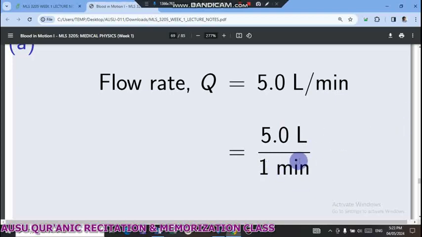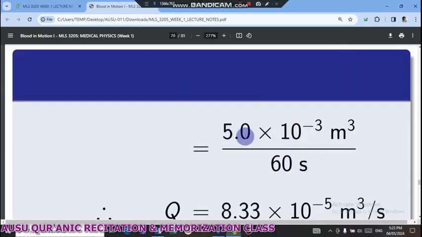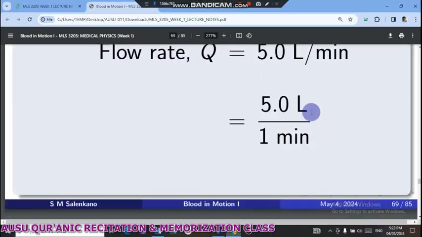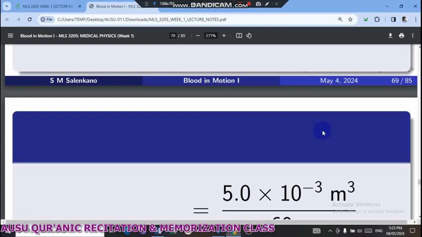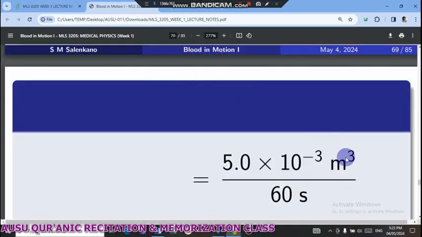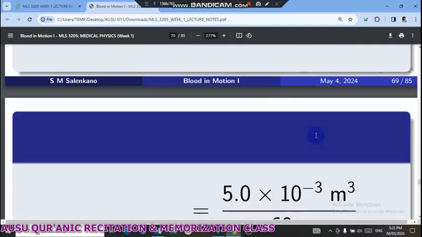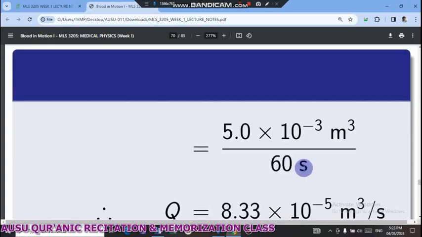And then 1 minute we know is 60 seconds, so we put 60 seconds there. So you see, we change this to 5.0 multiplied by 10 raised to the power of minus 3. Once we do that, we can remove L and put meter cube, and the 1 minute here, we write 60 seconds in its place.